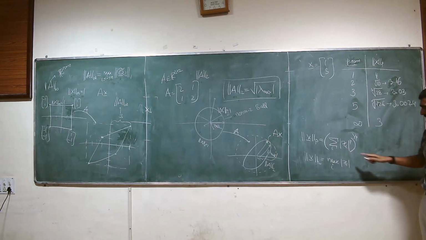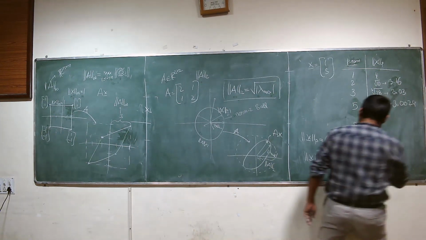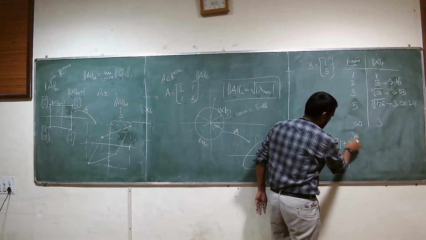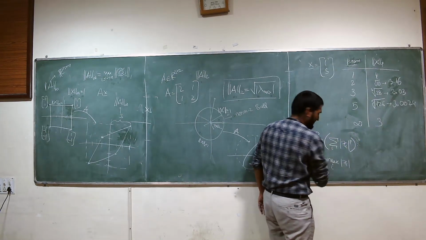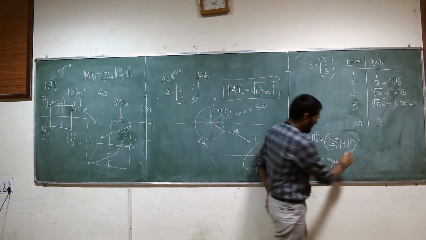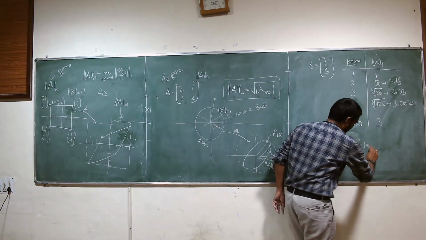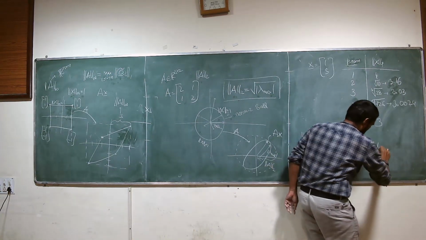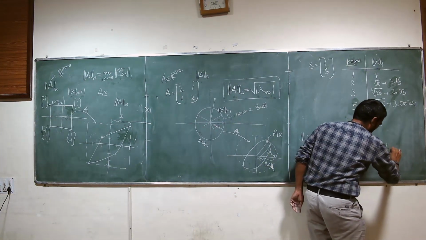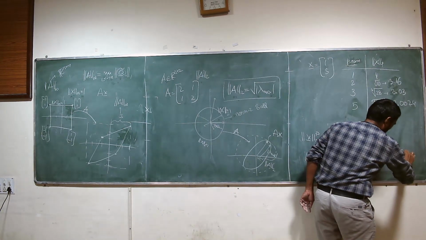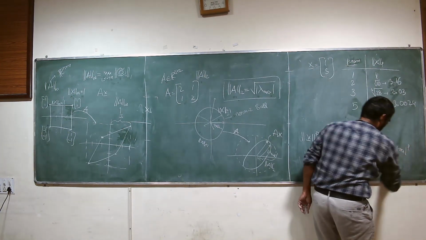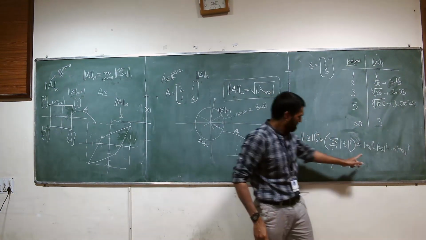If you look at this, let's forget about 1 by p. Let's raise it to the power p here. This is simply the sum of x1 power p plus x2 power p up to xn power p.